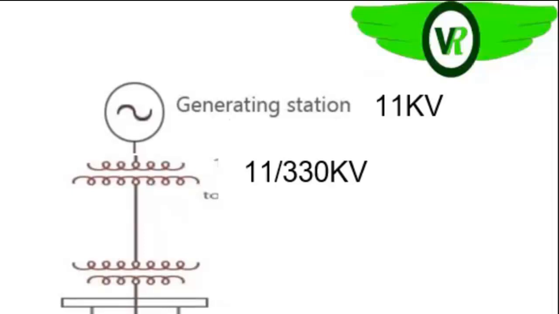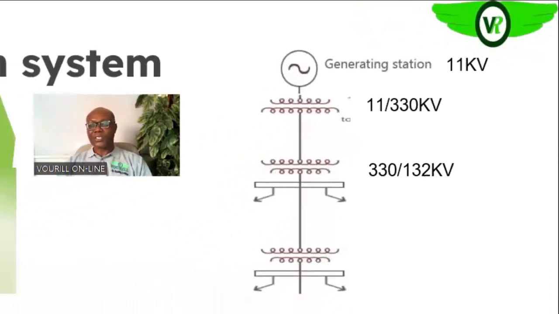Later in the course of this section, we will see the reason why we need to transmit at that very high voltage, okay? So as it is moving closer to where it will be used, it is stepped down from 330 to 132 kV, okay, in the secondary transmission system, okay?